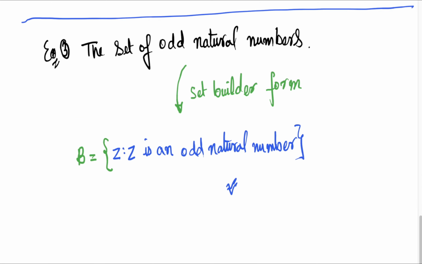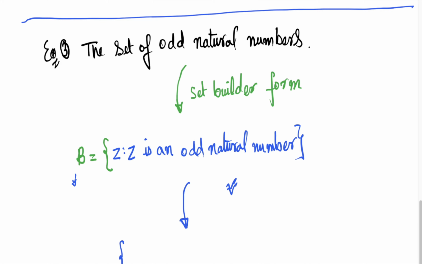So we have successfully converted the set of odd natural numbers into set builder form, B equals {z : z is an odd natural number}. We can read it as the set of all z such that z is an odd natural number. If we want to convert it into roster or tabular form, that is easy.